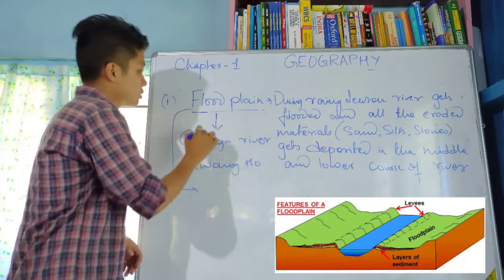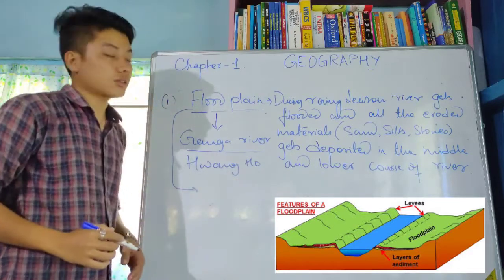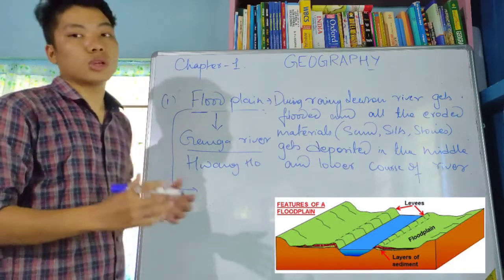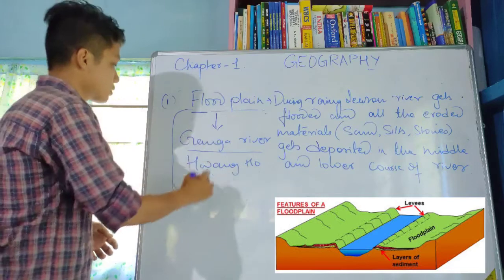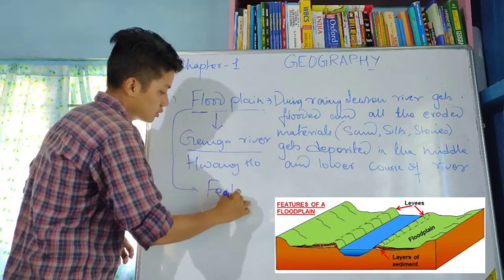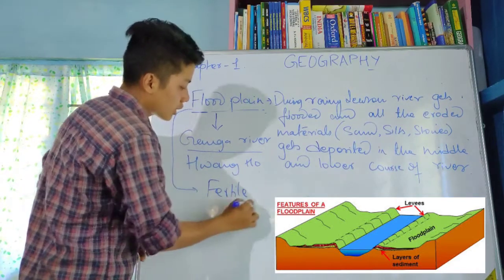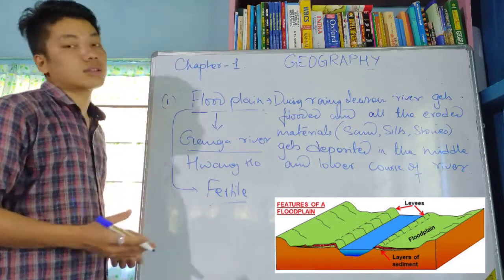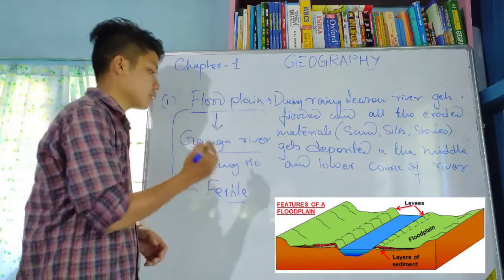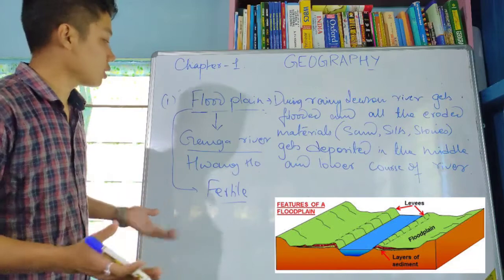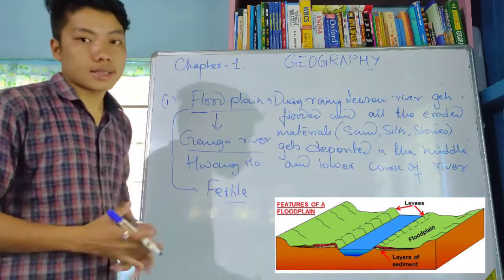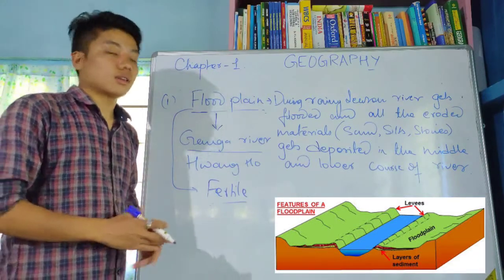That's why in the Ganga river basin we can see a large population. It's very fertile land, and all kinds of agricultural activities can be practiced here, for example, cultivation of rice, sugar cane, etc.